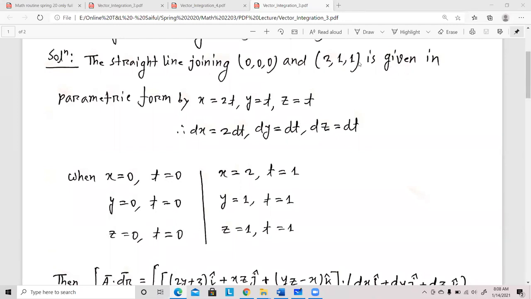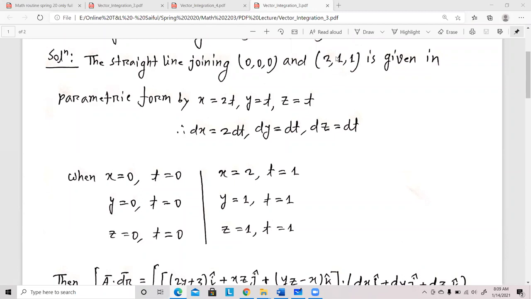Now for the terminal point 2, 1, 1, when x equal to 2, then t equal to what? Putting x equal to 2 in x equal to twice t, what will t be? 1. So 2 equal to twice t means t equal to 1.